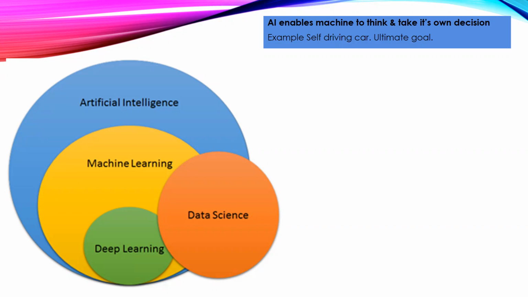But how do you make machines think and take their own decisions? That's where machine learning, deep learning, and data science come into place. The ultimate goal is to create an artificial intelligence application using these techniques.